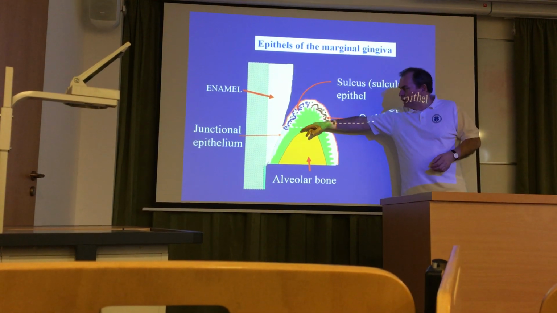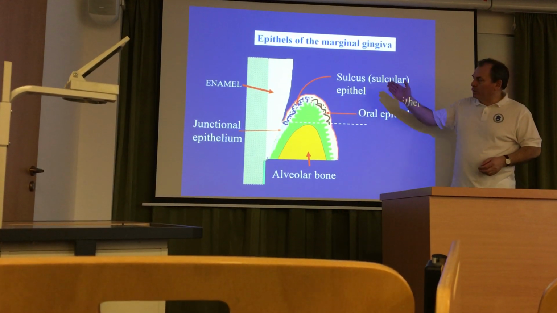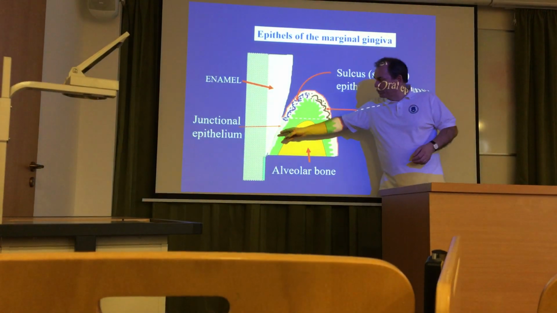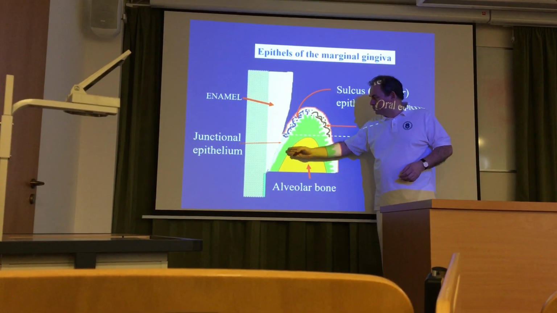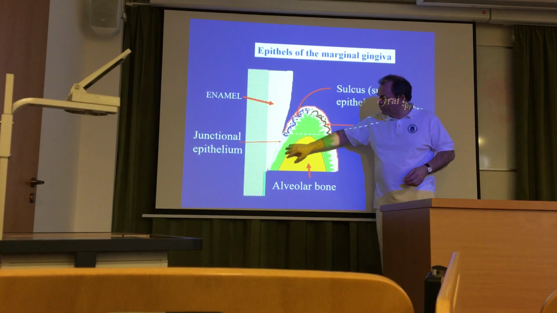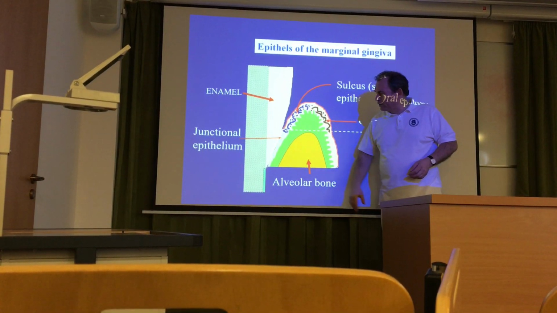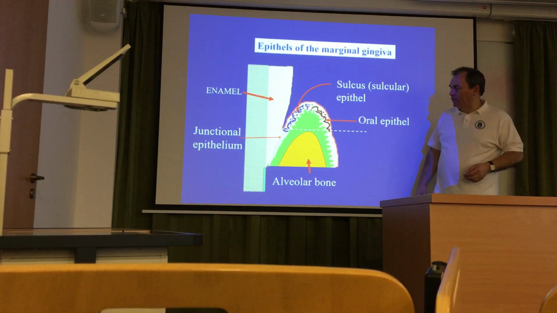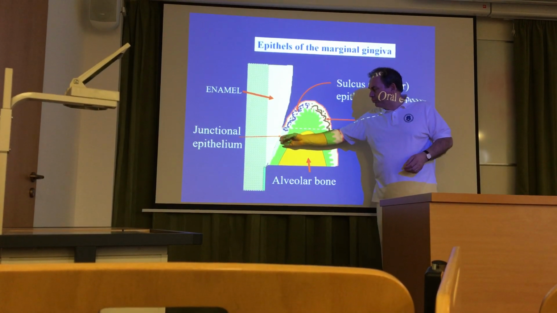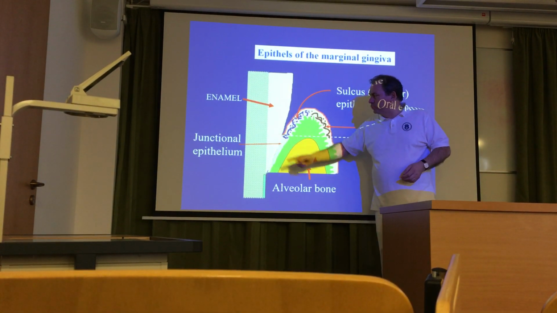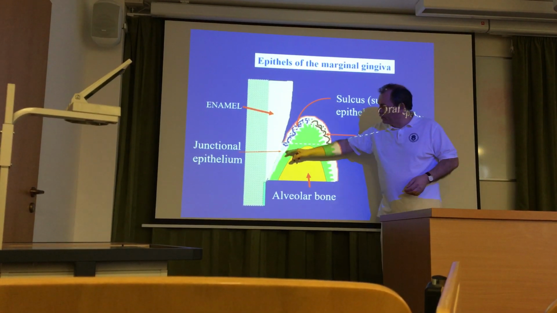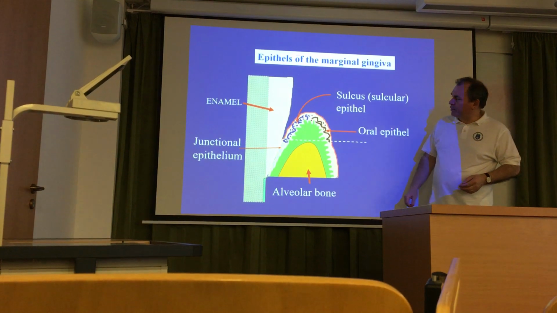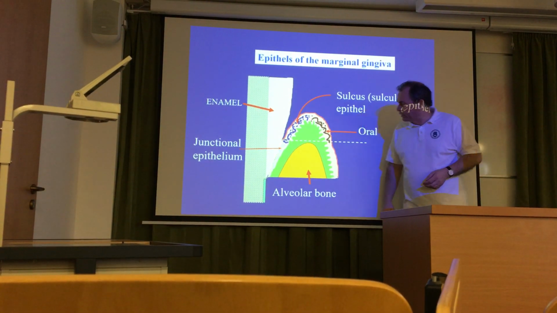We have here attaching with basal membrane to the tooth surface and to the underlying connective tissue. So we can have an external membrane toward the tooth surface, and an internal membrane toward the connective tissue.